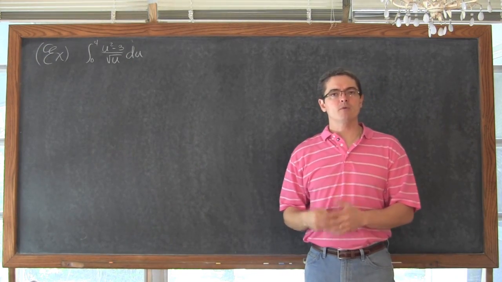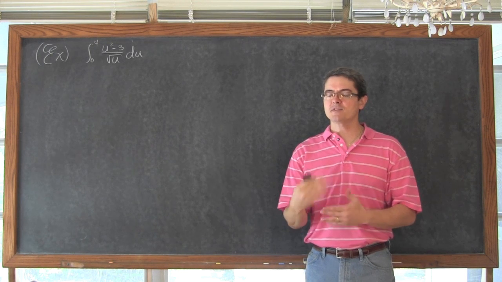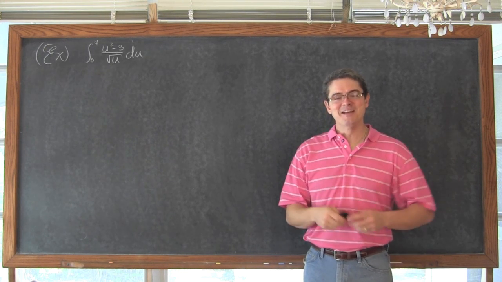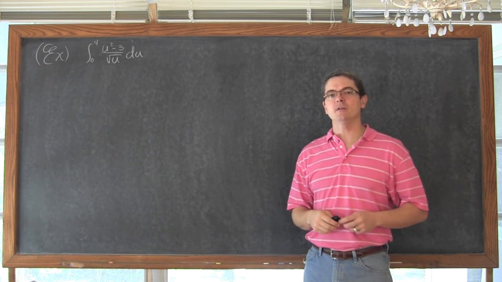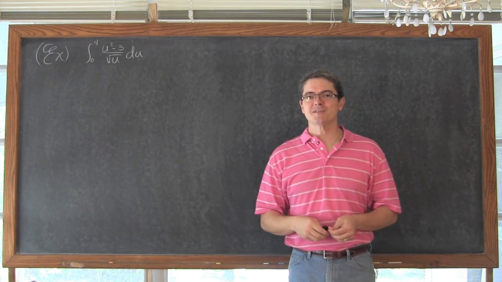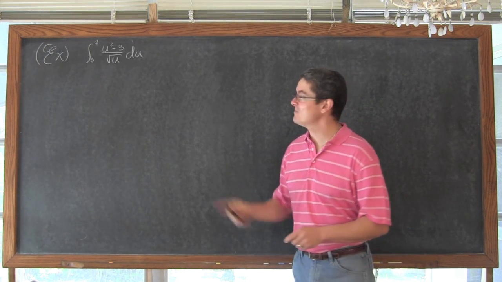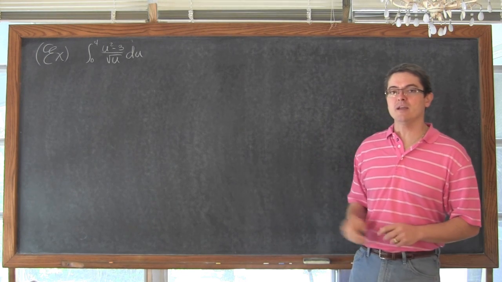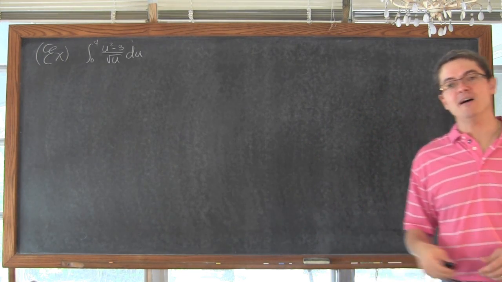And I'll reveal the answer in 5-second increments, like I've been doing recently, to give you an opportunity to practice the problem on your own and make sure you haven't forgotten those skills you learned a few sections ago. Okay, so give this a shot. I'll reveal the answer in just about 5 seconds.